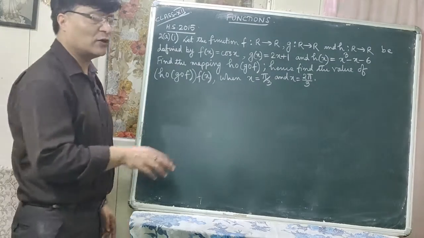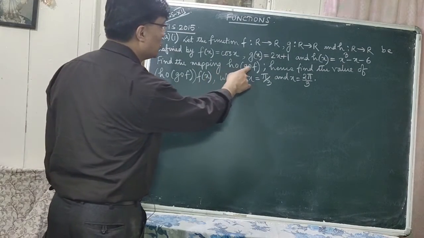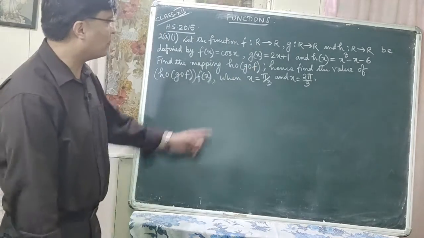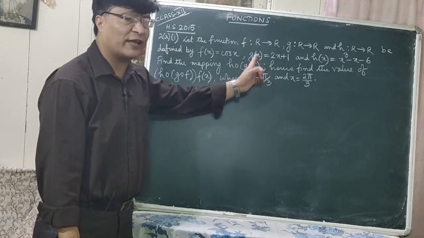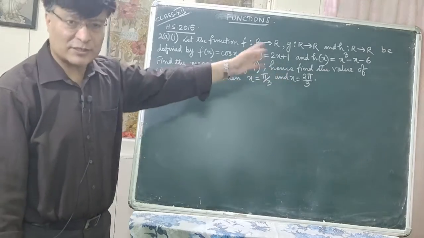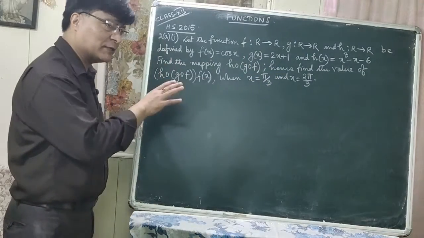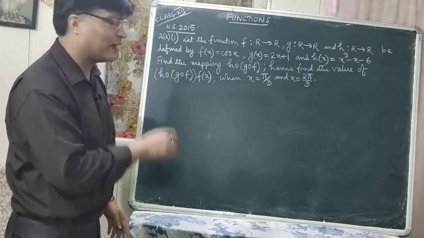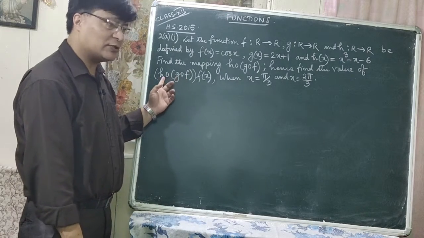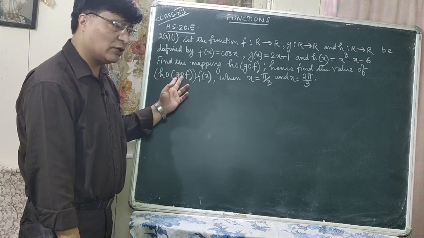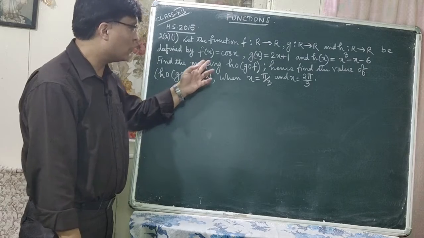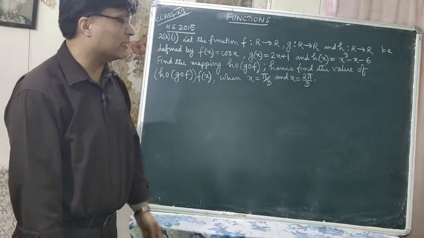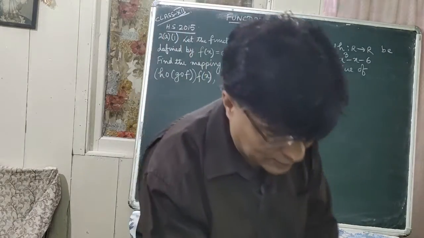So now first of all you have to find out this mapping h o (g o f). That means you have to find out h o (g o f) of x. First you find out. And after that you can do the second part. You can find out the value for this h o (g o f) of x when x is equal to pi by 3 and x is equal to 2 pi by 3.